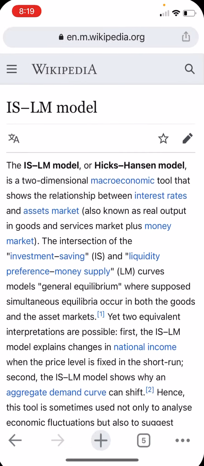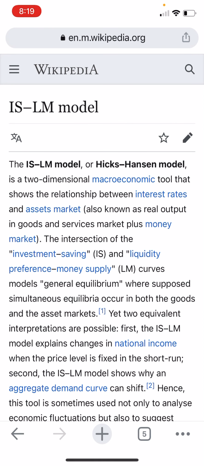And then what do we have here? XLM. We have the IS-LM model, where IS stands for investment savings and LM stands for liquidity preference money supply, or liquid money. So whereas XRP is going to be the store of value, XLM, or the liquid money, will be the money people use.